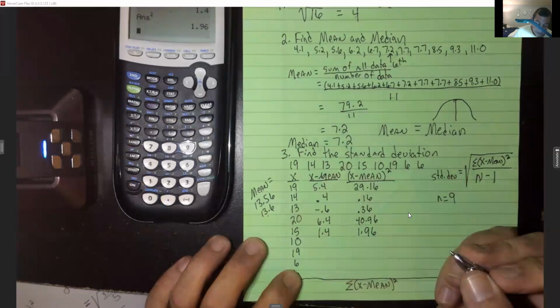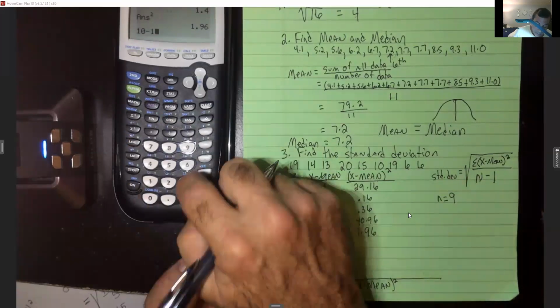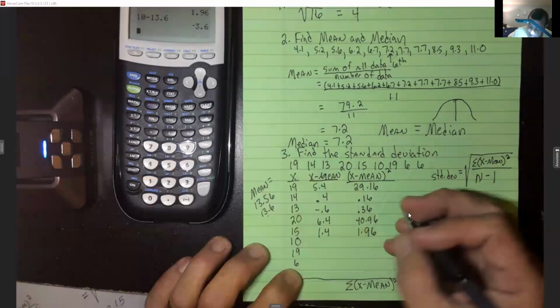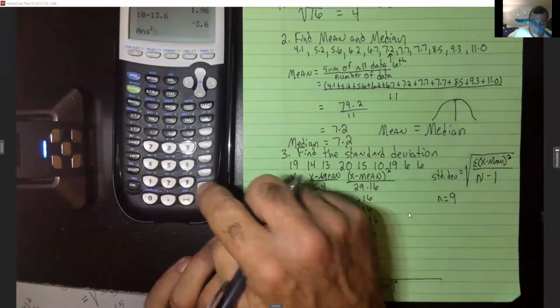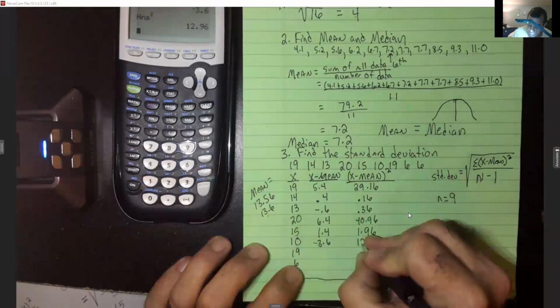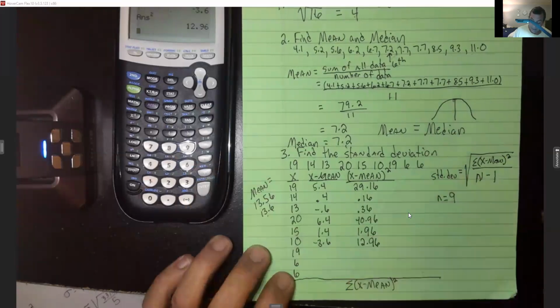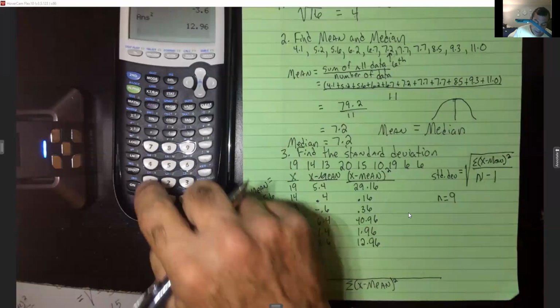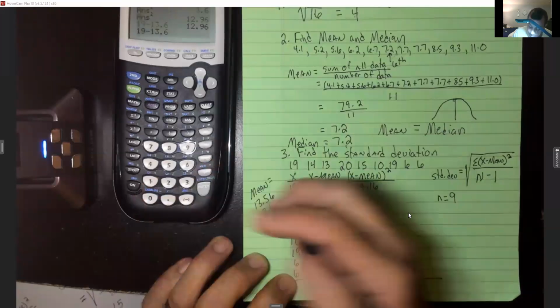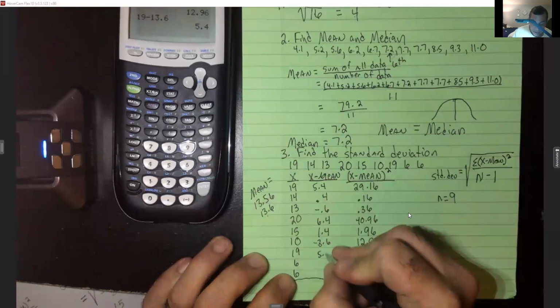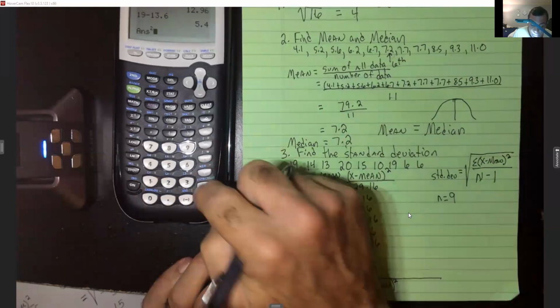All right, next we got 10 minus 13.6. That's a negative 3.6. We square that, we get 12.96. All right, 19 minus 13.6 is a 5.4. Square that, we get 29.16.